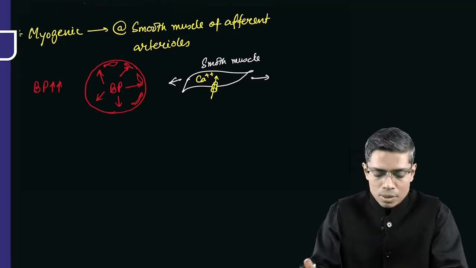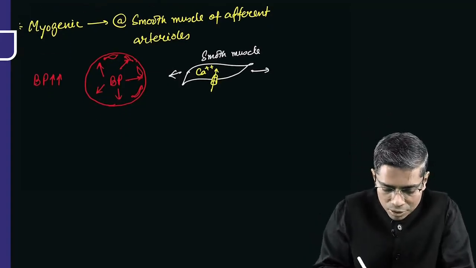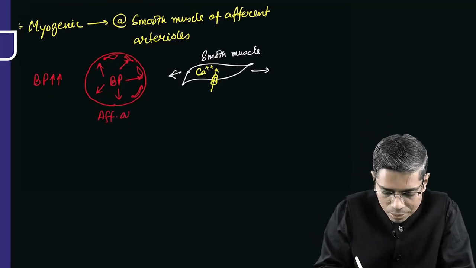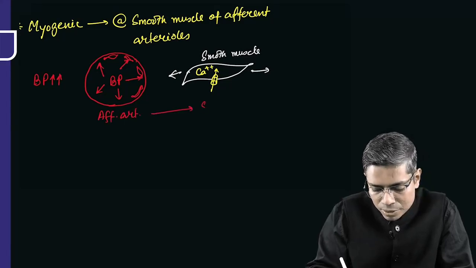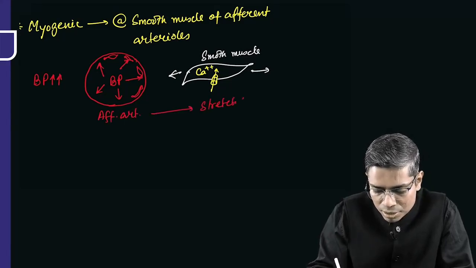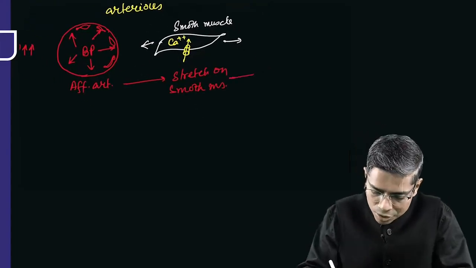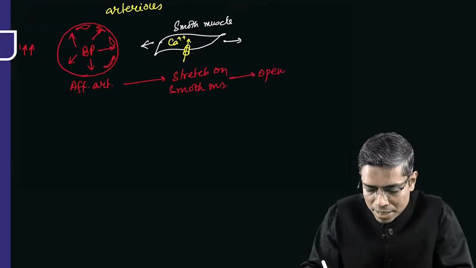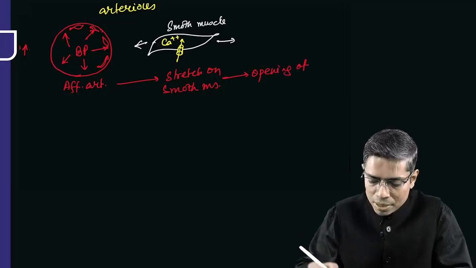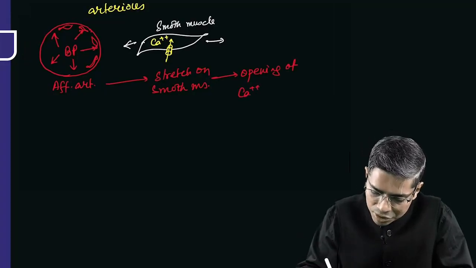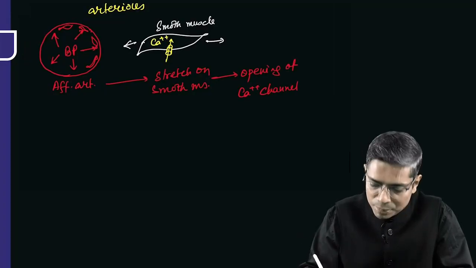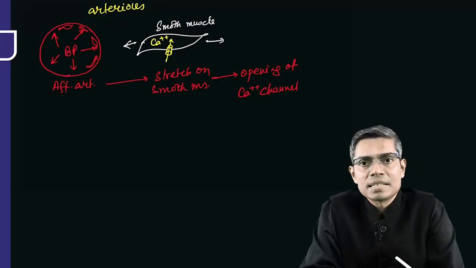Whenever there is stretch on the smooth muscles of the afferent arteriole, this stretch leads to opening of calcium channels on the smooth muscle membrane. This is known as the stretch sensitive calcium channel.